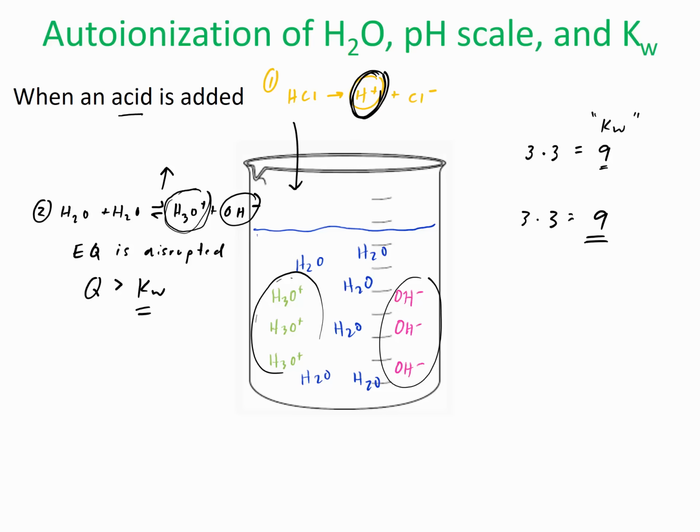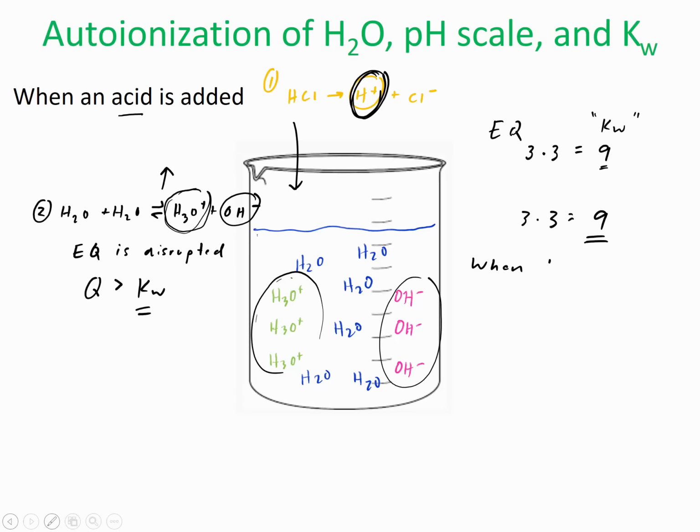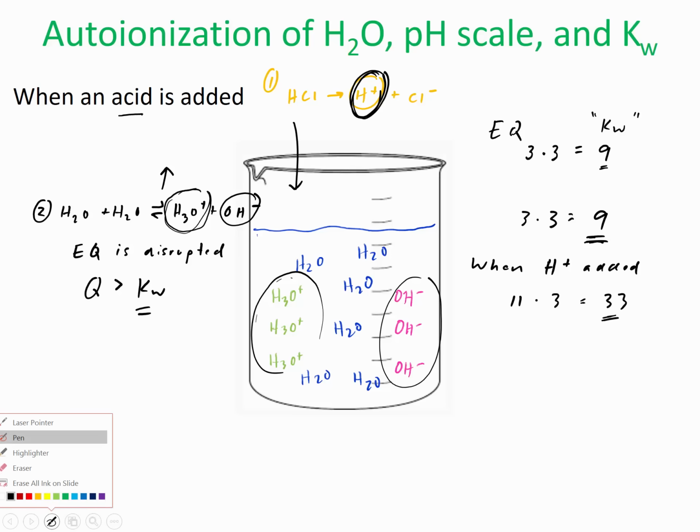So if we added some H plus, so this is at equilibrium. Okay, and when H plus is added, then we're going to have something like 11 times 3. So we'll have 33, which is way greater than 9. Okay, so I'm going to add some more H3Os here.